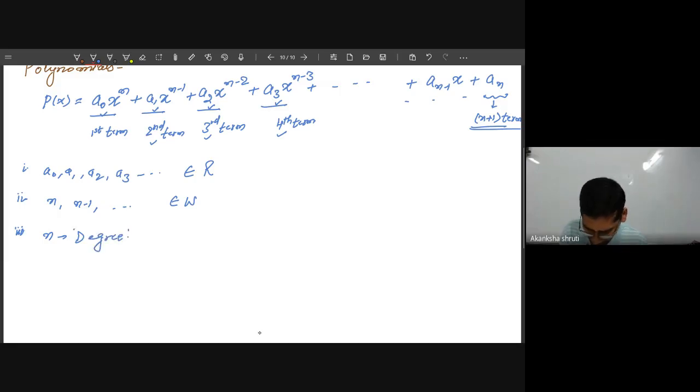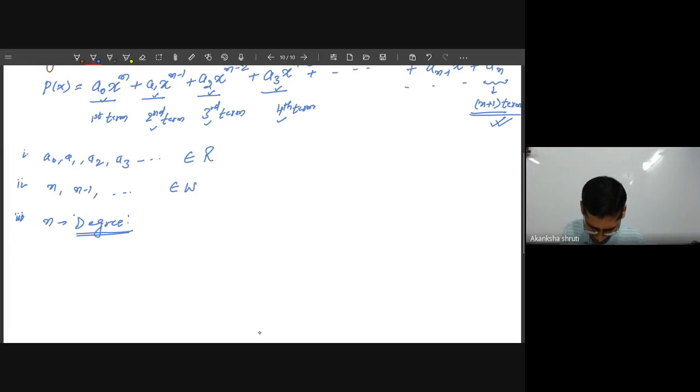Okay, students. So classification or type of polynomial is based on two things. One is n, called the degree. Another one is how many terms are there. Like here in this polynomial, a total of n plus 1 terms are there. So the next important thing is the number of terms.